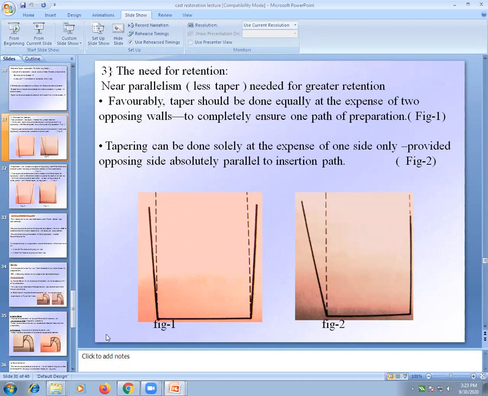Right? Here two diagrams are there. In the first diagram, equal divergence is placed on both sides. But in some cases, what happens? We have to give excessive divergence on one side, and at that time you have to maintain the parallelism on the other side. Right?